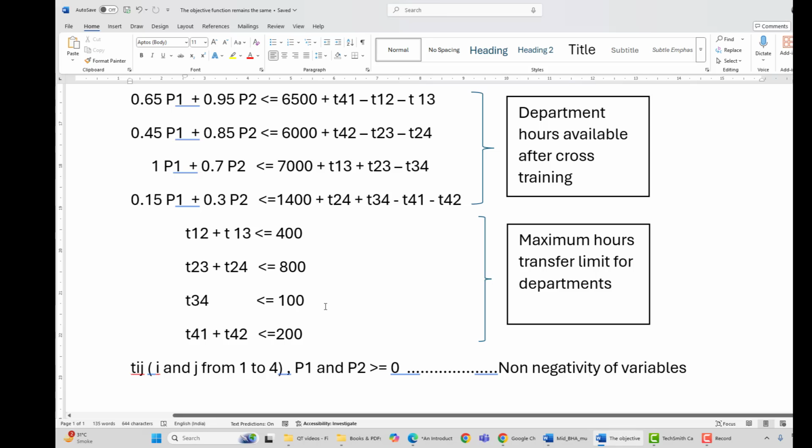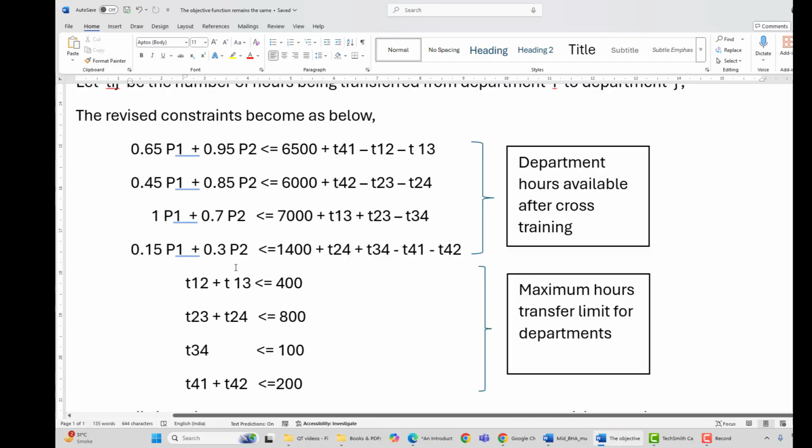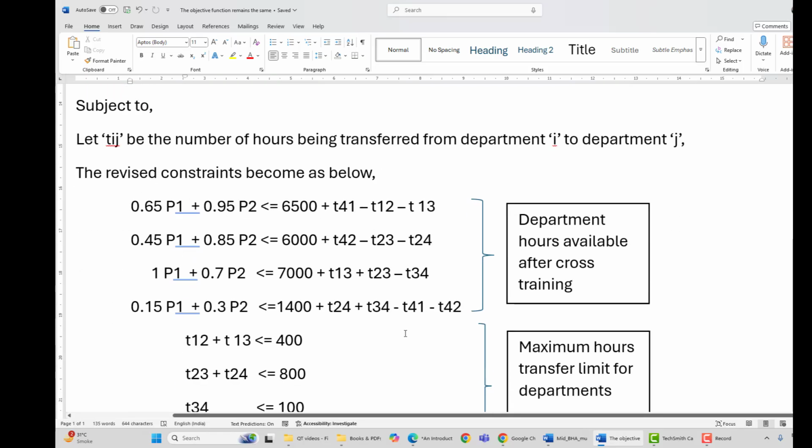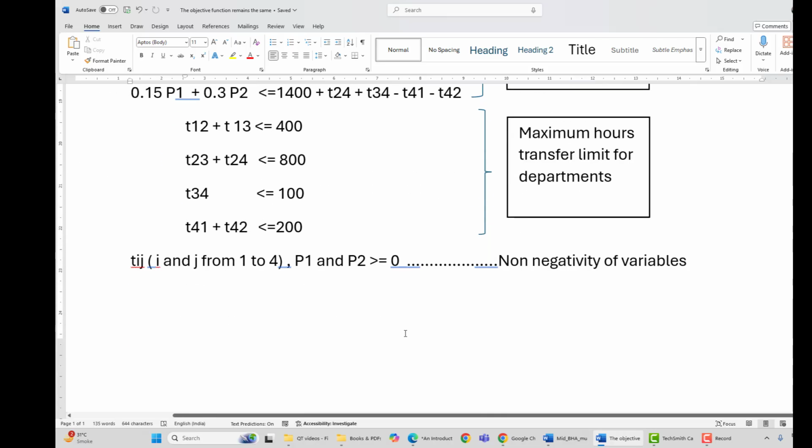And as usual, we will write all my variables. My variables are Tij, so these 7 are my additional variables. B1, B2, B3, B4 I am not using, and then P1 and P2, all these variables should be greater than or equal to 0, non-negativity variables.